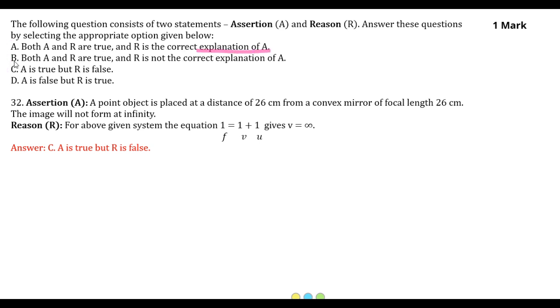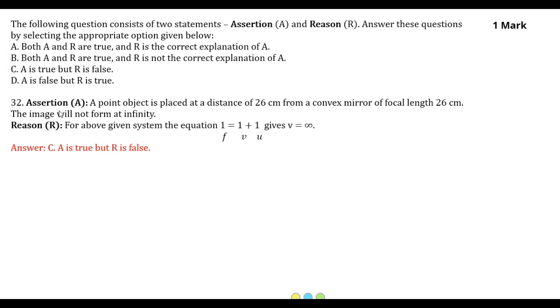B: both assertion and reason are true, and reason is not the correct explanation of A. Option C: A is true, R is false, meaning assertion is true but reason is false. And option D: assertion is false but reason is true. These options will be the same for assertion and reason questions. We have to read the question and then choose the correct option.